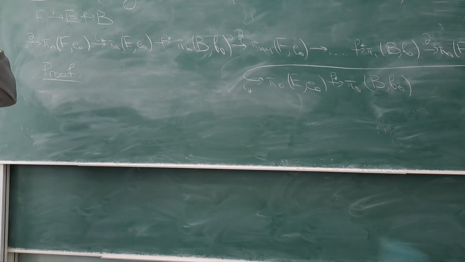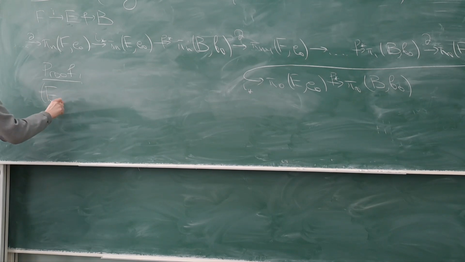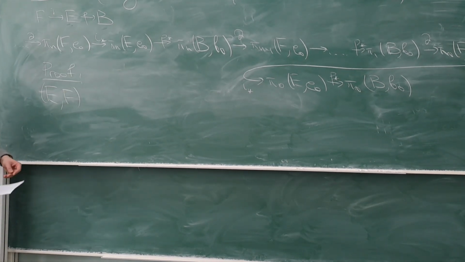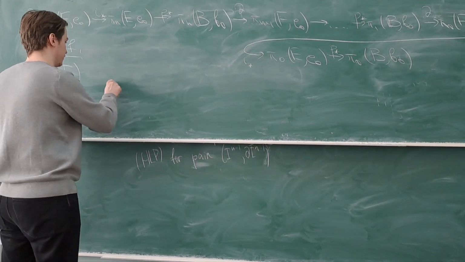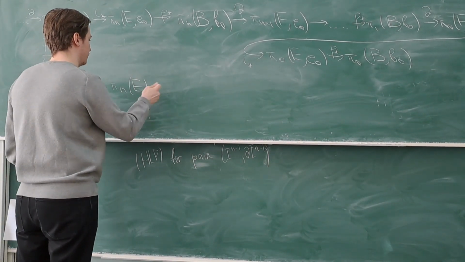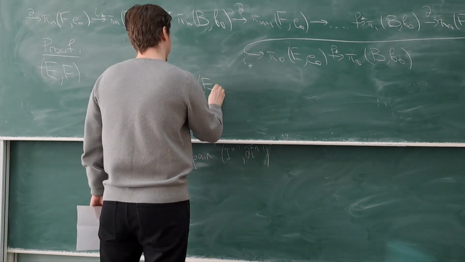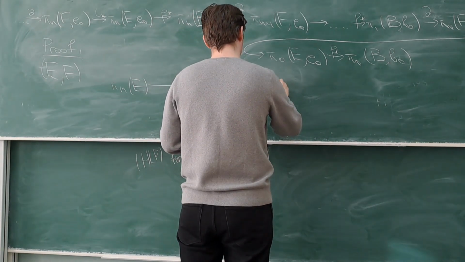So you need to write a long exact sequence of pair E comma F, and then replace. So let me write here part of this long exact sequence of E comma F, and then you have your boundary homomorphism.